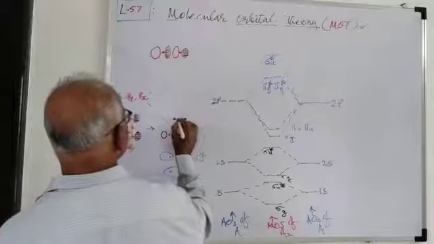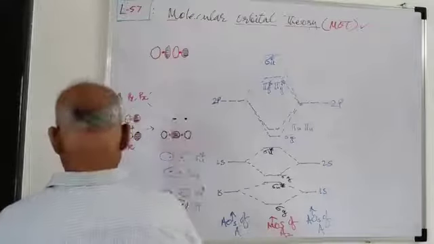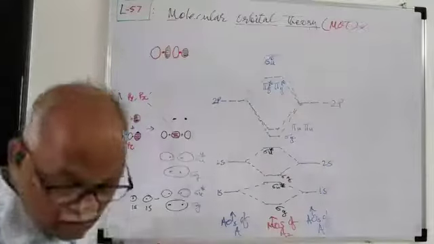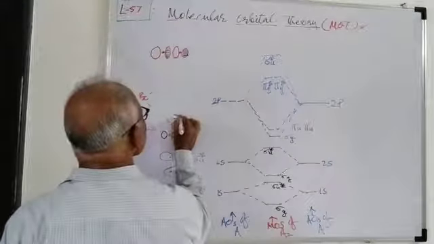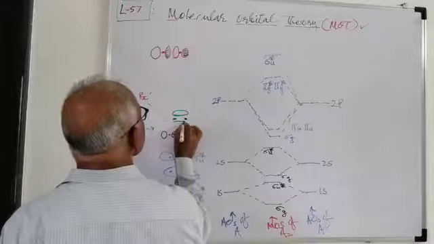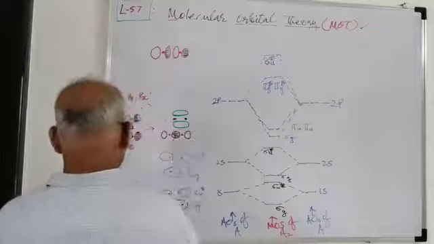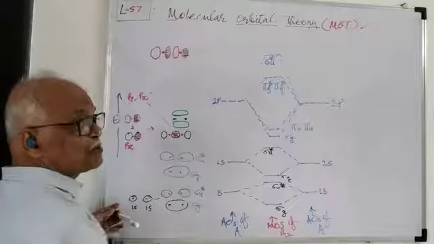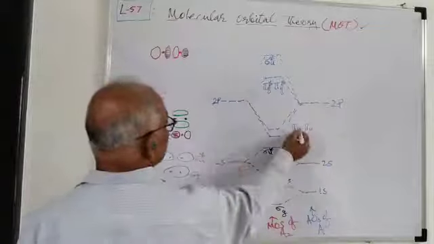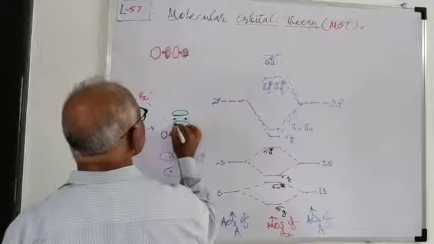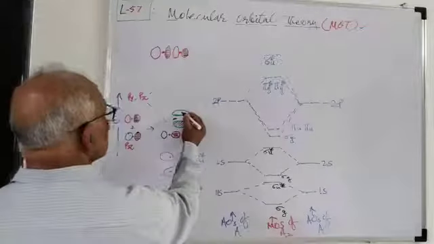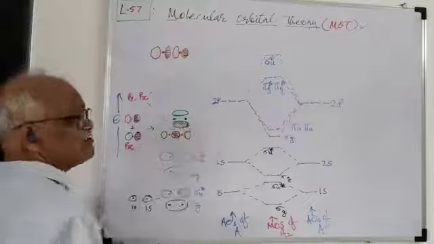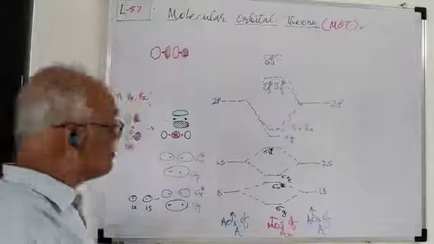So structure is the same. So they will show the overlap like this. So there are two electron clouds. These two lobes of this orbital of pi u nature. Say one has plus sign of wave function, this has minus sign of wave function.